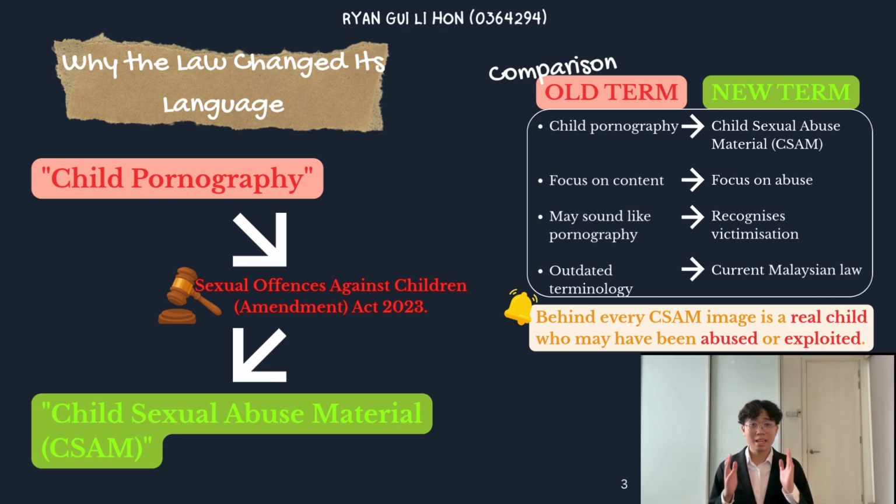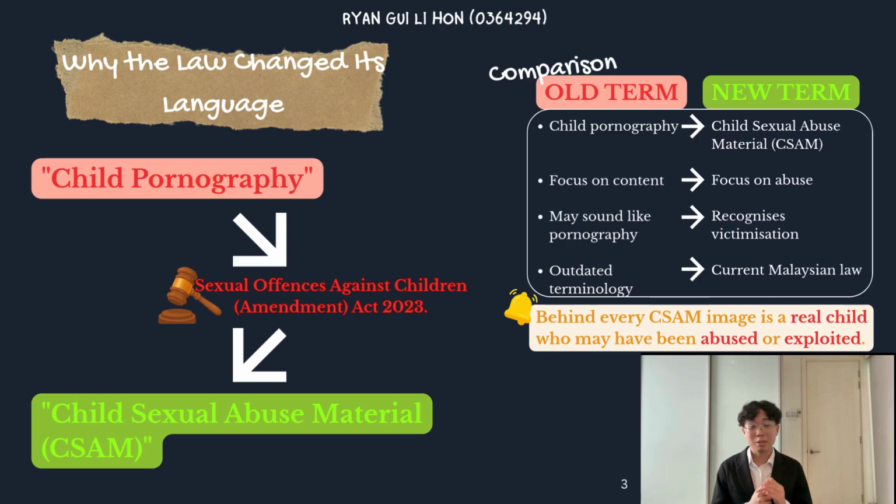The term CSAM is able to more accurately reflect the reality that the materials depict the abuse and exploitation of real-life children. Therefore, the newer terminology adopts a victim-centric approach by recognizing the child as a victim of abuse rather than focusing solely on the content itself.